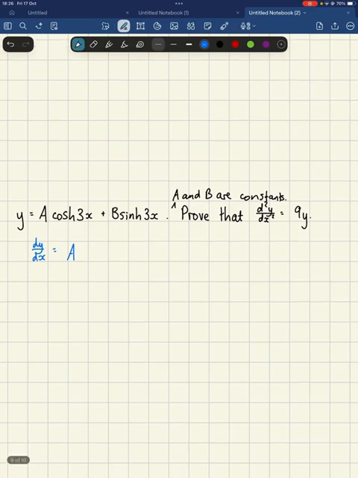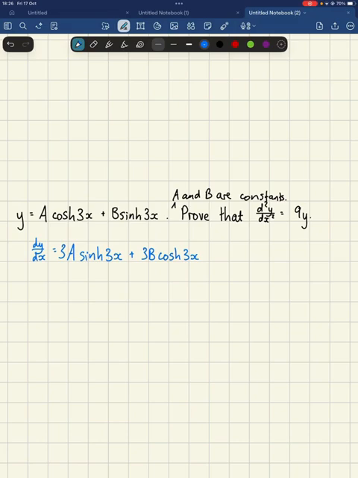In the same way here, the derivative of cosh 3x will be 3 sinh 3x. So we get 3a sinh 3x. And for the second term, we get 3b cosh 3x when we differentiate it.